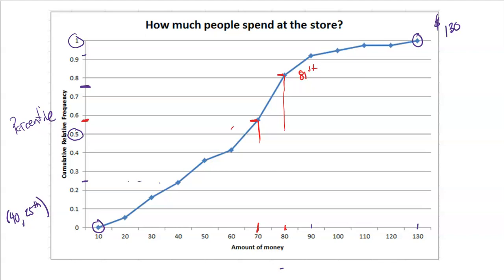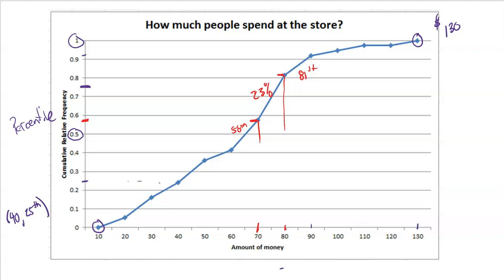At 70, we're about the 58th percentile. That's a huge jump, a jump of about 23%, right? 58 to 81, about 23%. That means 23% of our data fell from $70 to $80. So 23% of people spent $70 to $80.